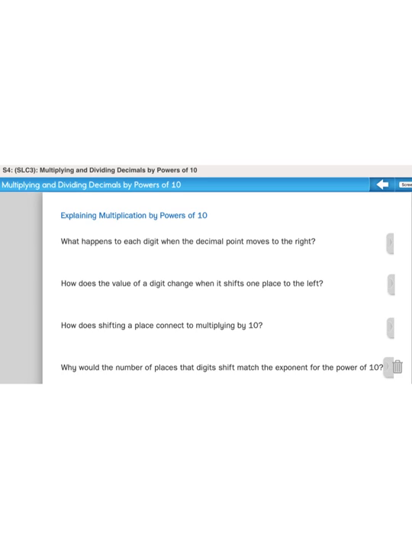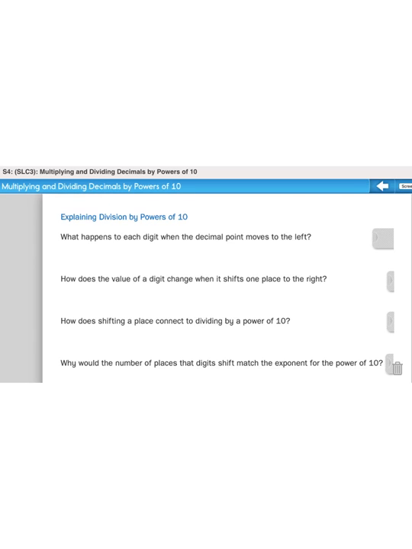How does shifting a place connect to multiplying by 10? Each time a number is multiplied by 10, the digits shift one place to the left. Why would the number of places that digits shift match the exponent for the power of 10? The exponent tells how many times a number is multiplied by 10. For example, if a number is multiplied by 10 to the fifth, the digits shift 5 places to the left.